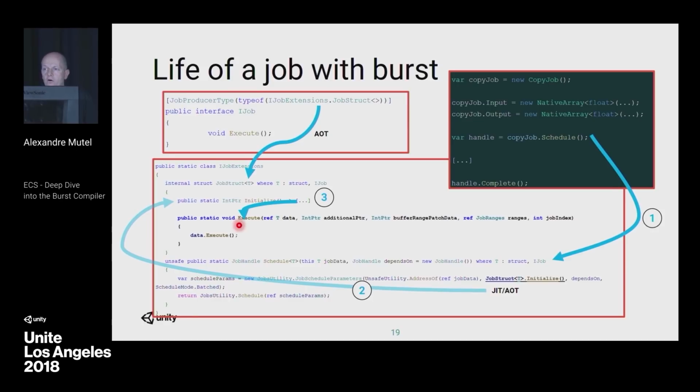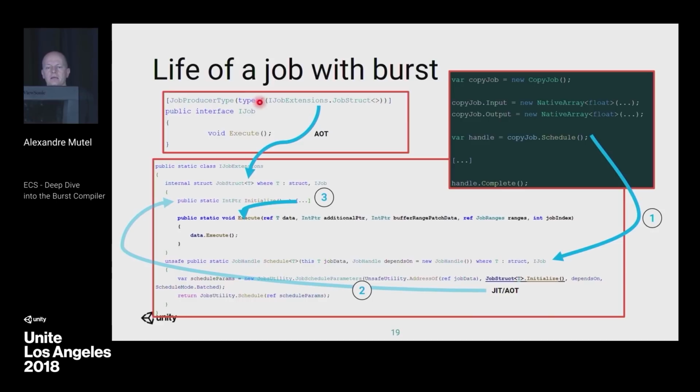We have other kinds of jobs that could run your job differently. So maybe you could pass an index to your job as a parameter. That's the case for IJobParallelFor, for example. There is also something that we'll talk about just after. An interface of the job system is inheriting an attribute that is called JobProducerType.